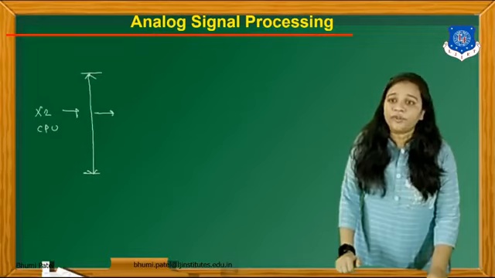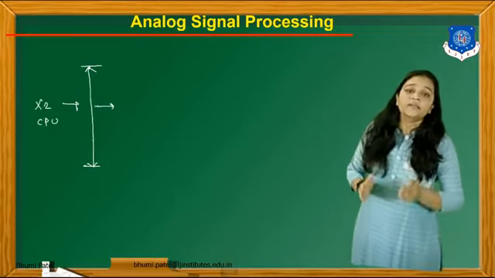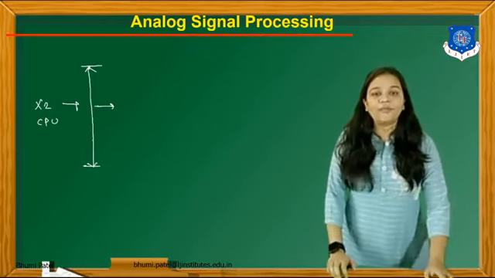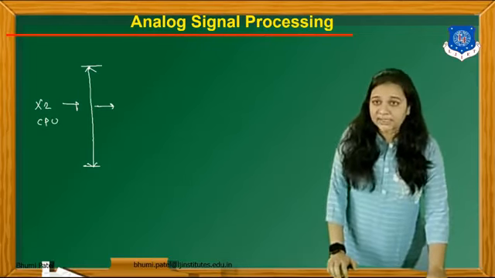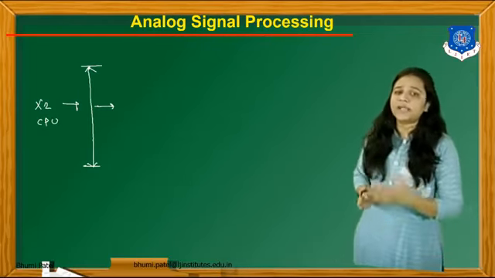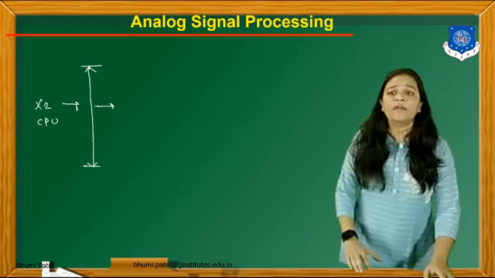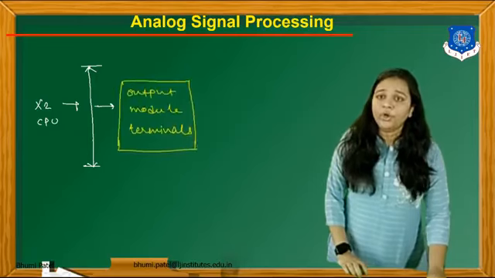Now, if we apply this analog input value to the output, what is the process? Here they will give an example. Whatever number is there, we have to multiply it by 2.